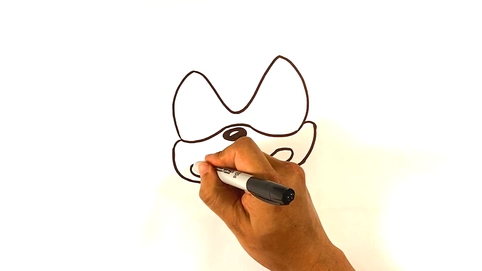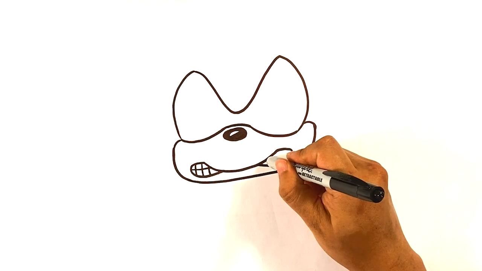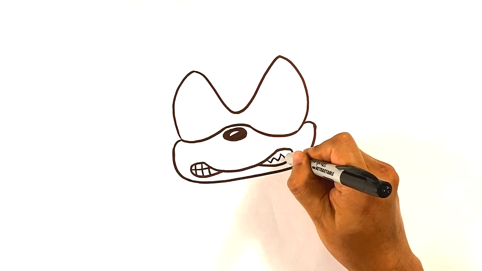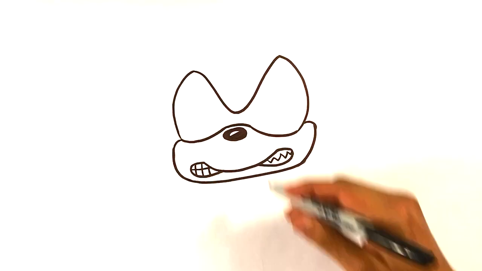Go over here on this side. You get the texture of the teeth right there. Line across. Over here on this side, sharp teeth, right? Because it's EXE Sonic or Sonic.exe. All right.